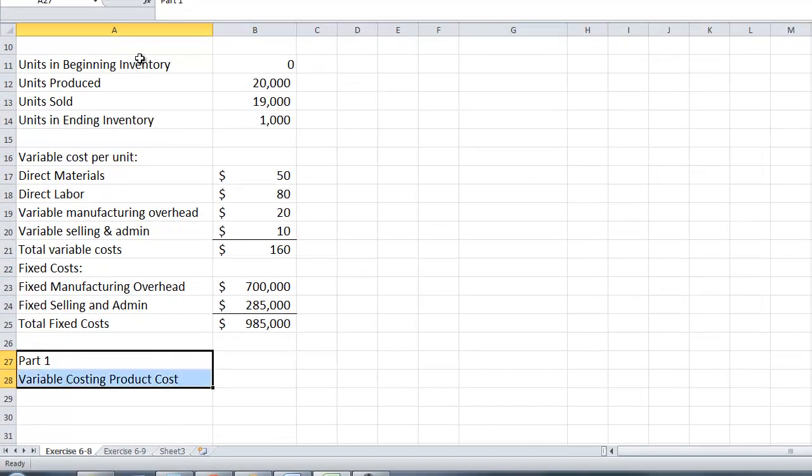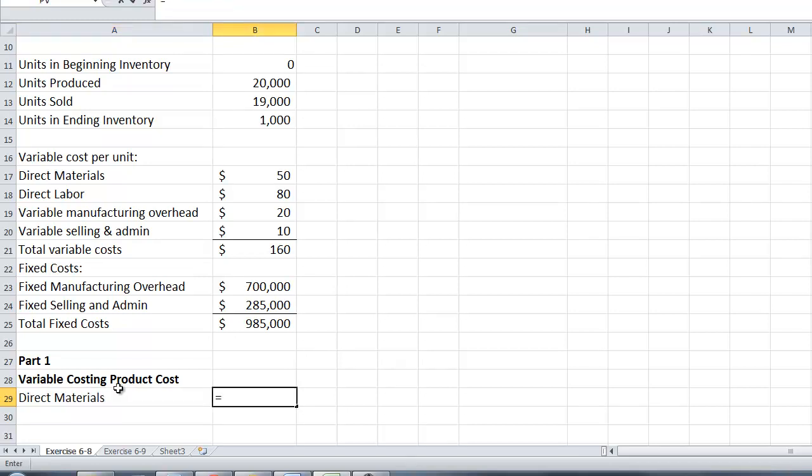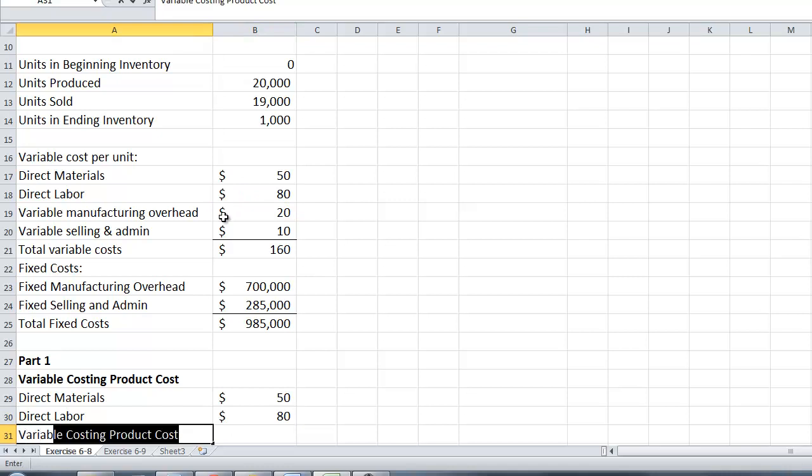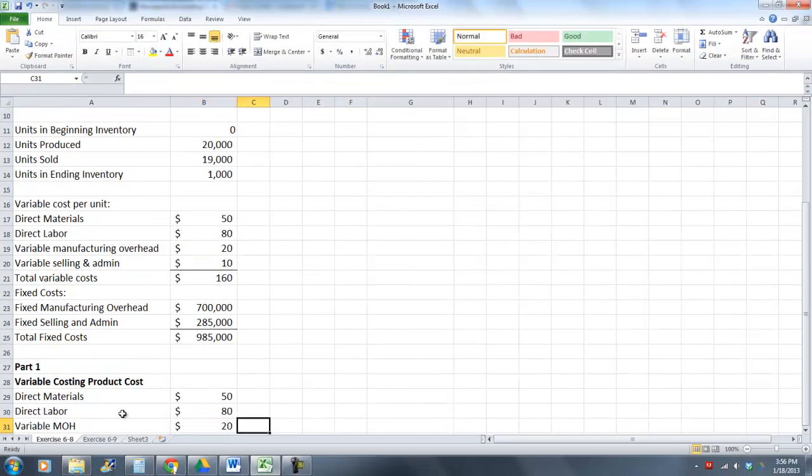Okay. So, in variable costing, we are going to include direct materials, and that's $50. And we are going to include direct labor, and that is $80. We are going to include variable manufacturing overhead, and that is $20.